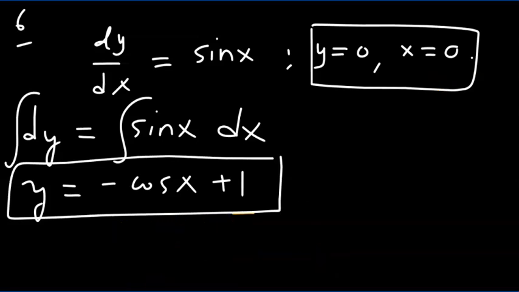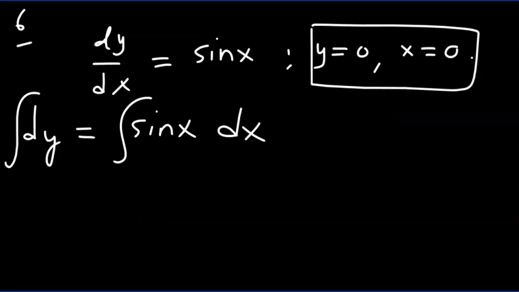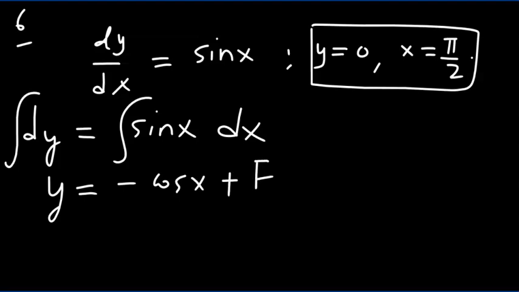As we have noted, particular solutions are dependent on initial conditions. So when initial conditions are changed, then the particular solution can potentially change. As an example, let's take the following conditions instead. When x is pi over 2, y is 0. Then what is our particular solution? How does it look like? So you see, y is minus cosine x plus an arbitrary constant. Let's call it f.